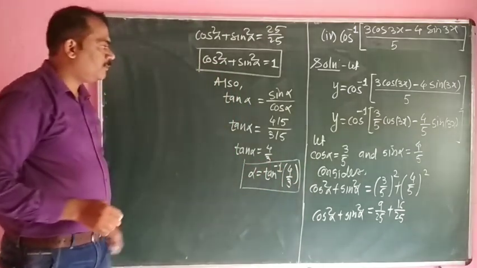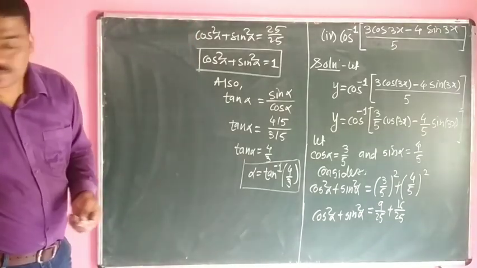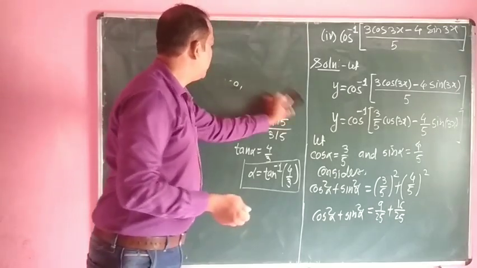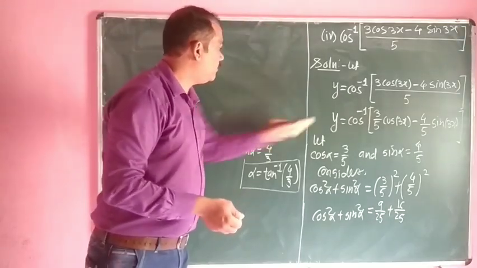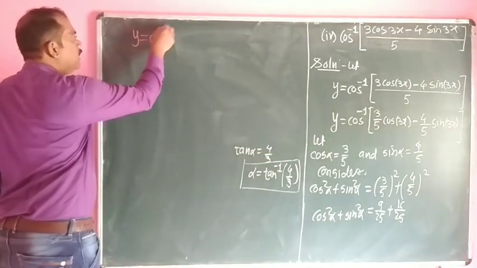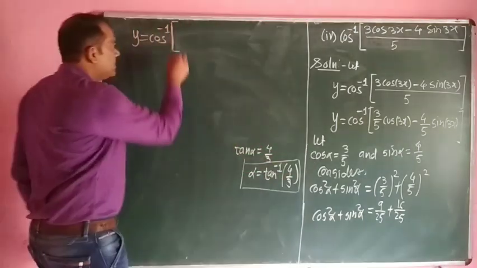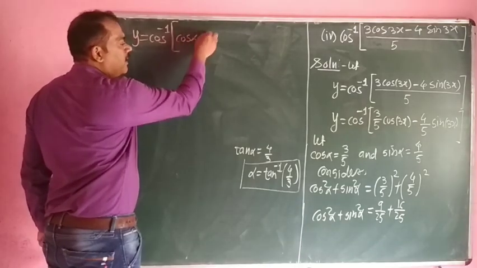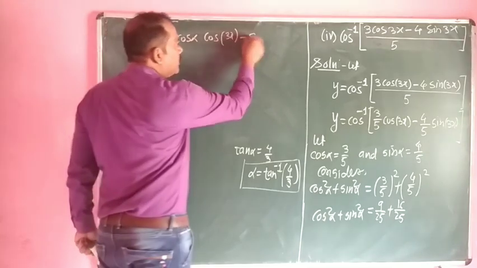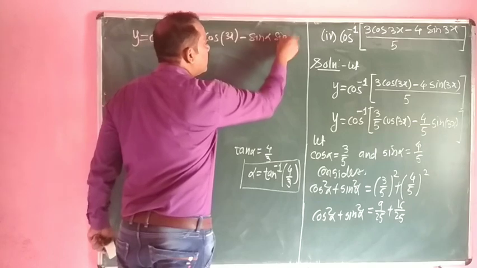Okay, now we have to substitute all these values here. If we substitute the values, what do we get? y is equal to cos inverse of, 3 by 5 is nothing but cos alpha, and 4 by 5 is nothing but sin alpha. So cos alpha into cos of 3x, minus sin alpha into sin of 3x.